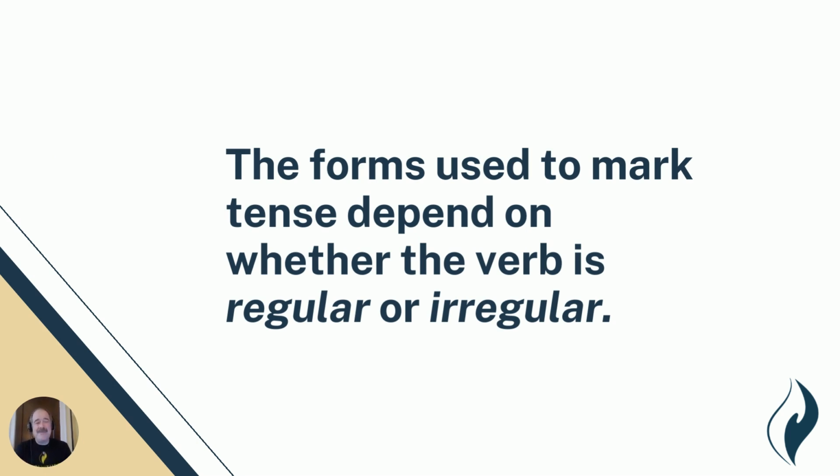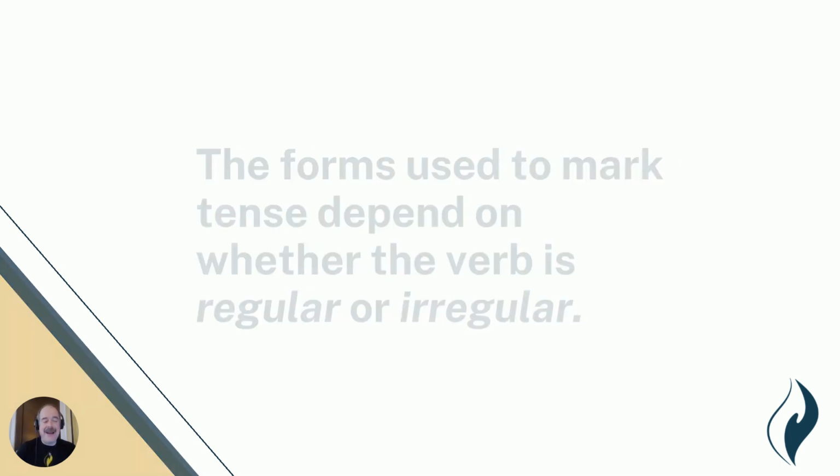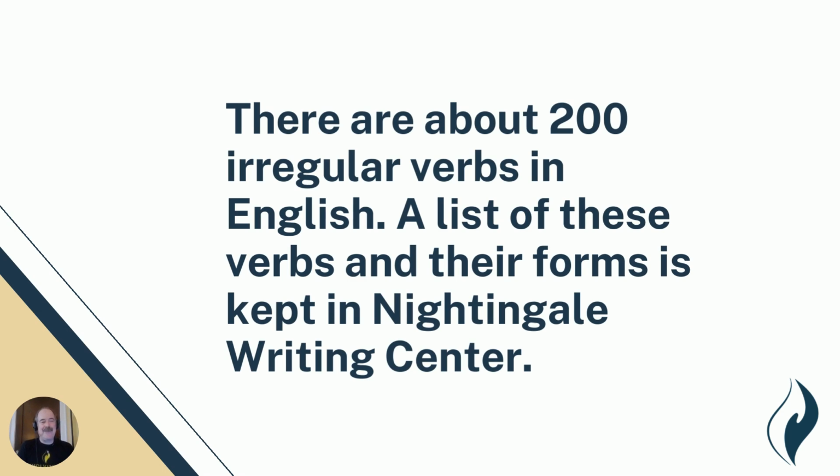Now, the forms used to mark tense depend on whether the verb is regular, meaning it fits the standard pattern for English verbs, or irregular, meaning it doesn't follow that standard pattern. So the irregular verbs, there are about 200 in English, and that sounds like a lot, but consider that we have thousands upon thousands of verbs in English, and so 200 is actually a very small percentage.